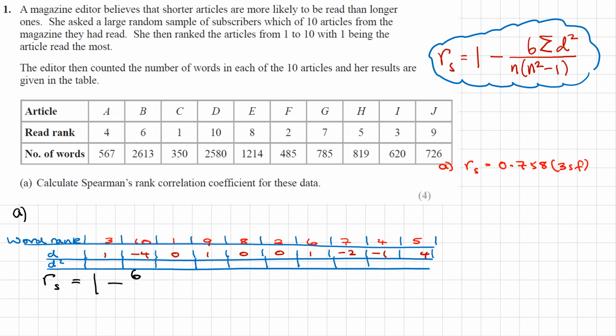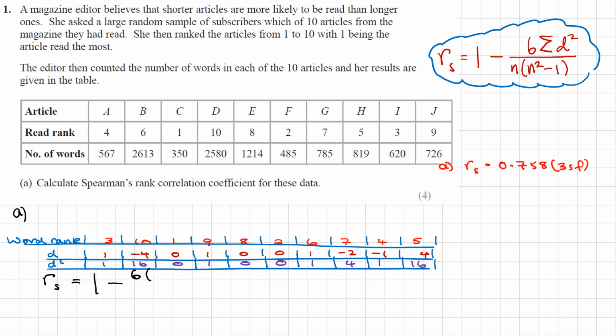And so the differences squared are going to be, let's choose a different color, 1 squared is 1, 16, negative 4 squared, 0, 1 squared is 1, 0 squared is 0, 0 squared is 0, 1 squared is 1, negative 2 squared is 4, negative 1 squared is 1, and 4 squared is 16.